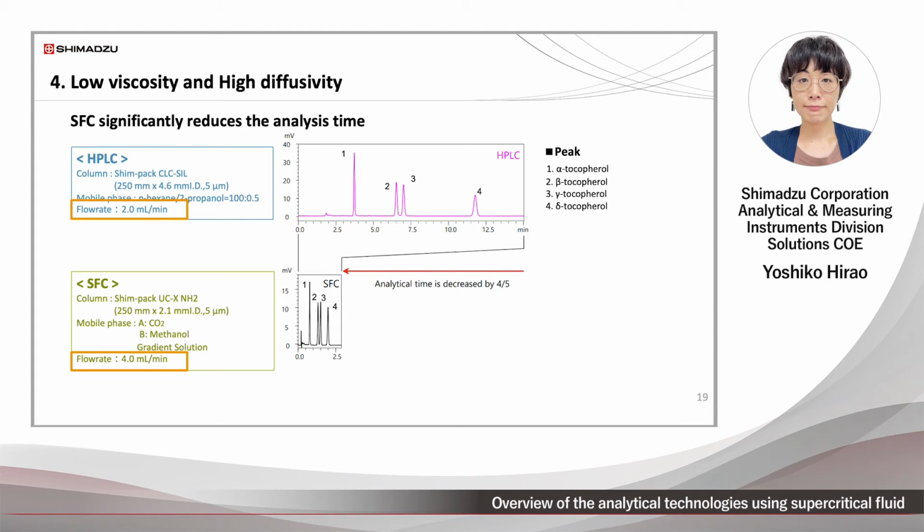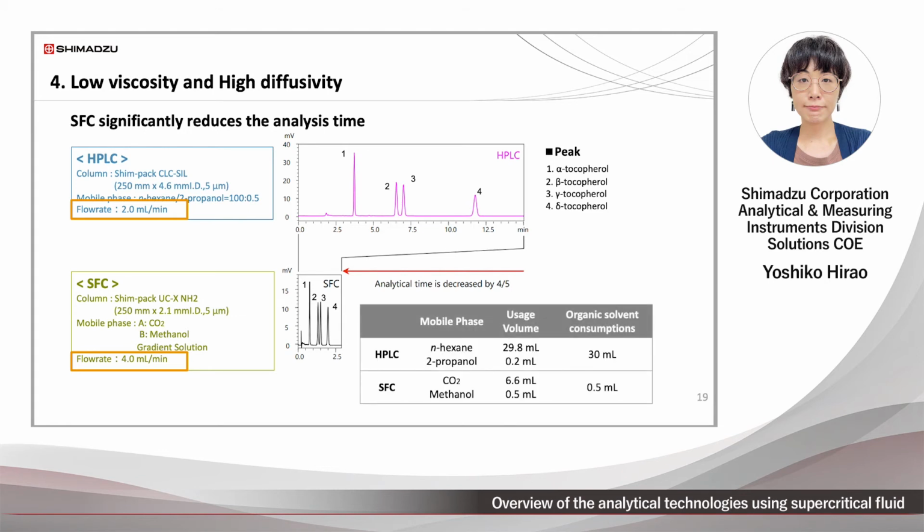The table below shows the amount of mobile phase used in each method for a single analysis. In normal phase, the organic solvent consumption is 30 ml, while SFC consumes only 0.5 ml of methanol used as a modifier. Reduction of solvent consumption leads to reduction of cost.